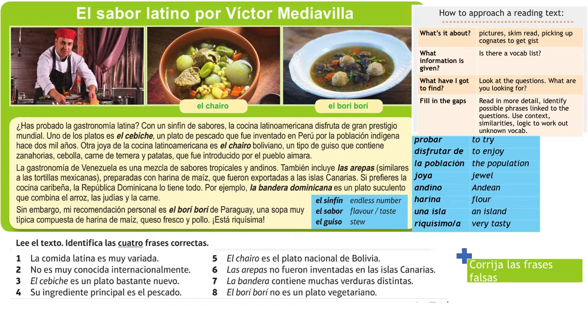So if you think that one is false, you're just going to make it into a positive. So you could say, la comida latina es muy conocida internacionalmente. Okay, something like that. All right. You're going to go through then, you're going to mark 1 to 8, are they true or false? And any that are false, you are going to write the correct statement. So pause the lesson and restart it when you've finished.